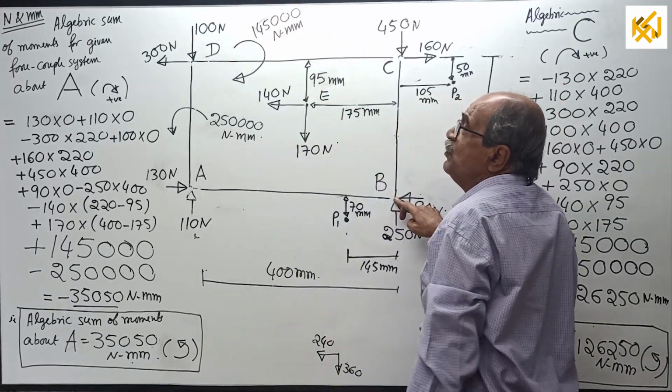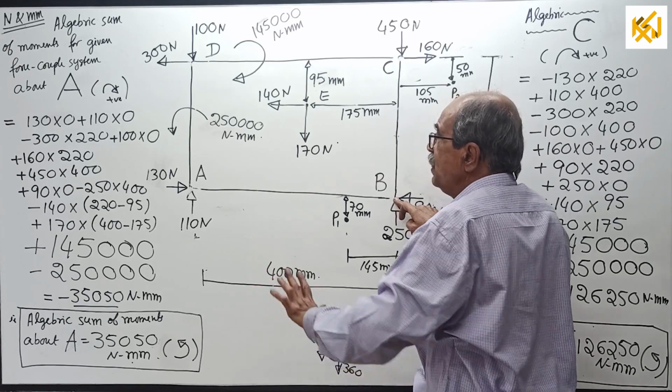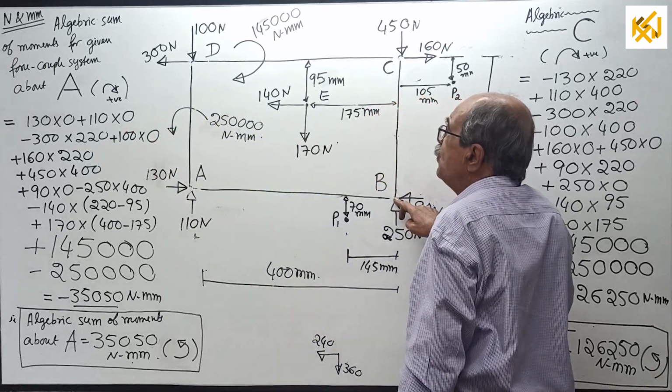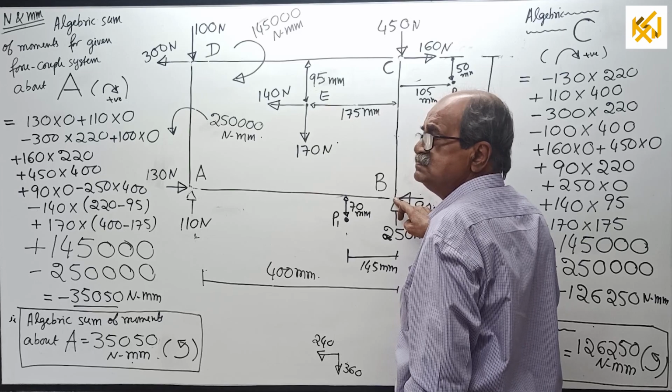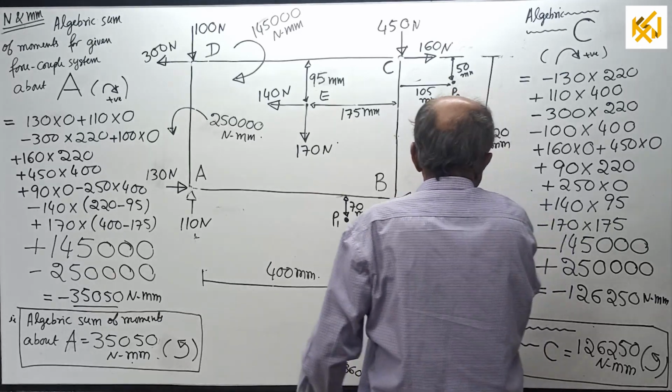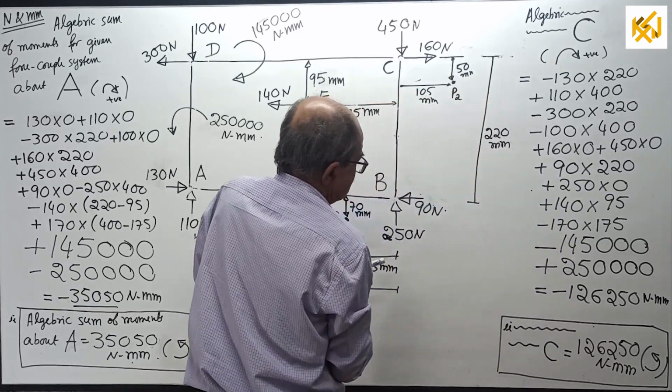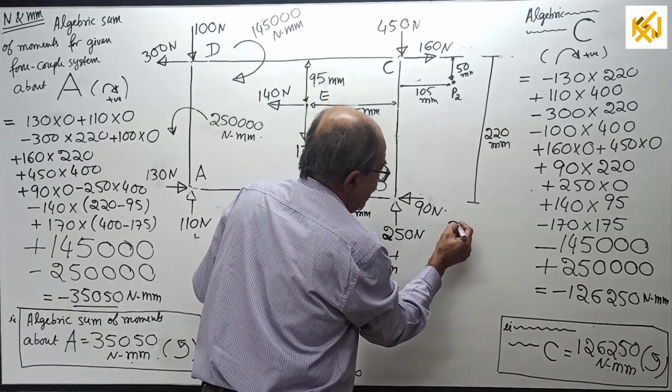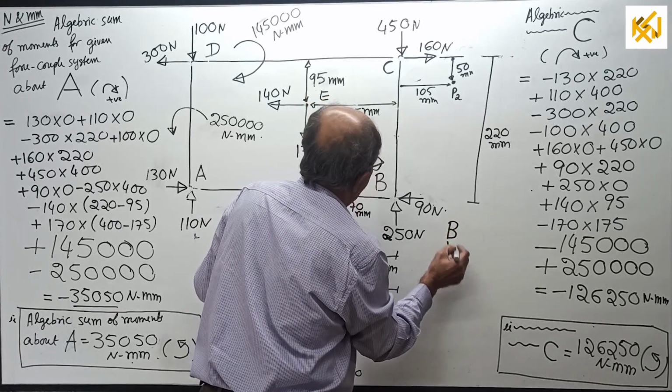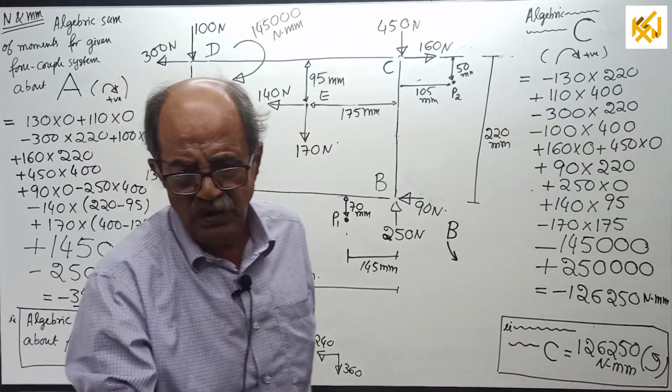Then plus 145000 minus 250000. That's all. I will tell the answer about B in front of you.